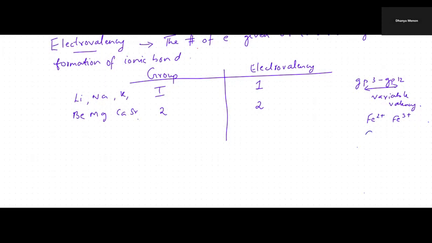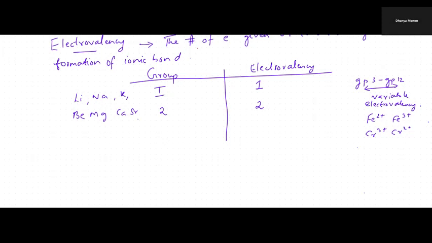Similarly, chromium 3 plus, chromium 4 plus, or 2 plus. Okay, so it has variable valencies. So group 3 to group 12, the D block, they have variable electrovalency. It's not fixed. It depends upon the compound that is formed.